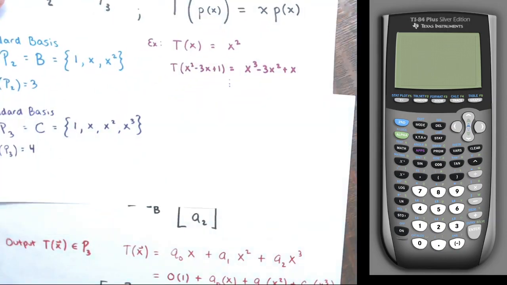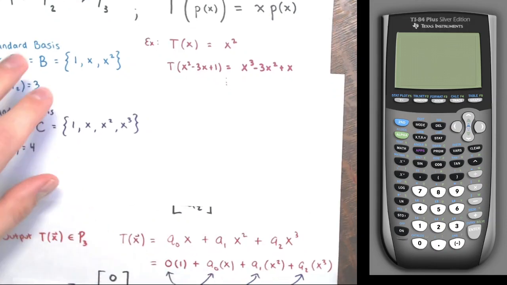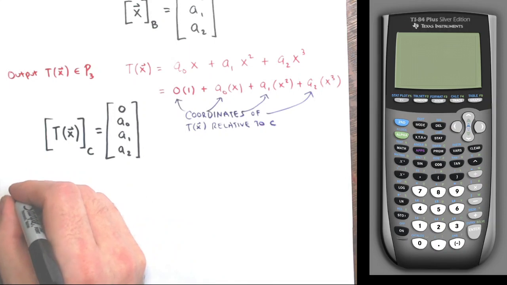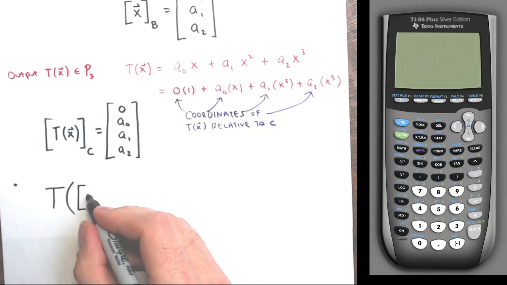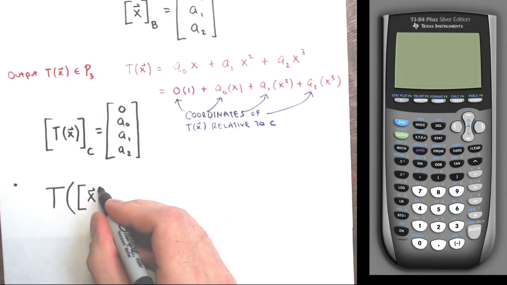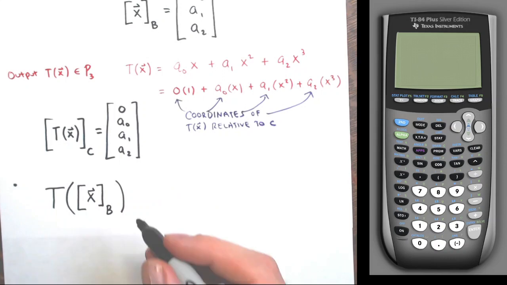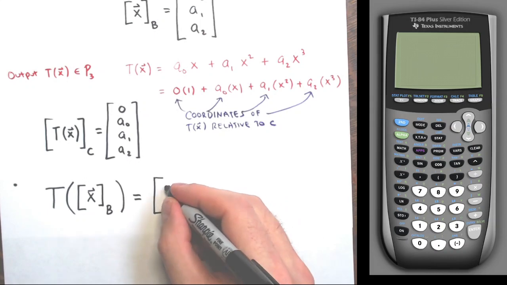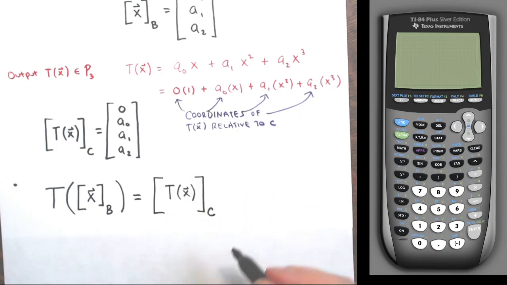So let me write this out again. Here it is, the coordinate vector representation for T. Here, T of, and I'll write it the way it was on that last page, my input is going to be the coordinates of the original input vector with respect to the basis B, the standard basis of the domain, and the output is going to be the coordinate vector of what the original output would be with respect to basis C, the standard basis for the codomain.